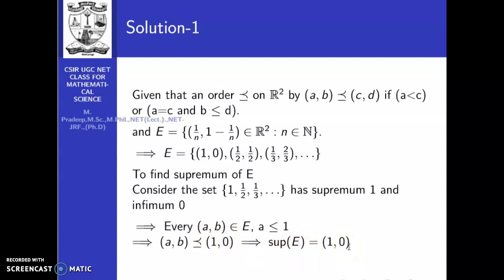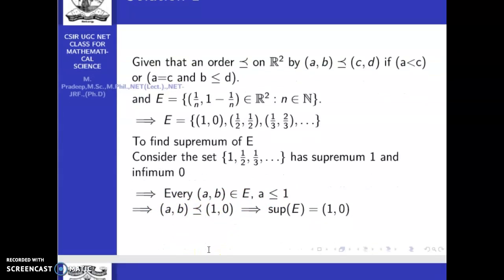In the same way, what is the infimum here? It's 0. So we can write 0 less than a, which means 0 less than or equal to a. For every element (0, 1), how do we choose it?